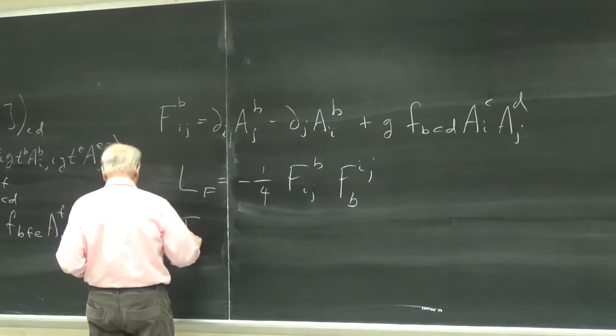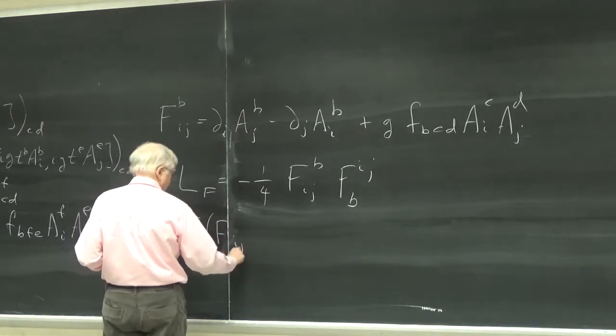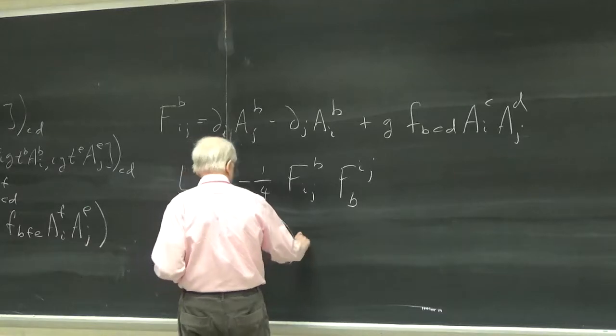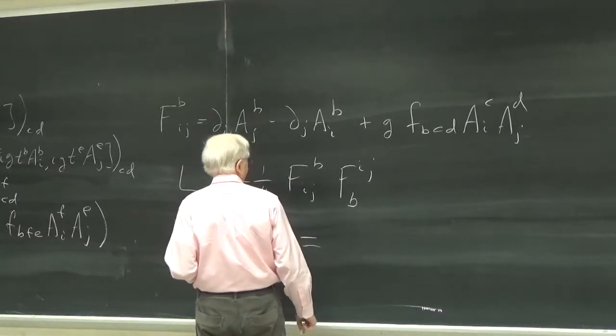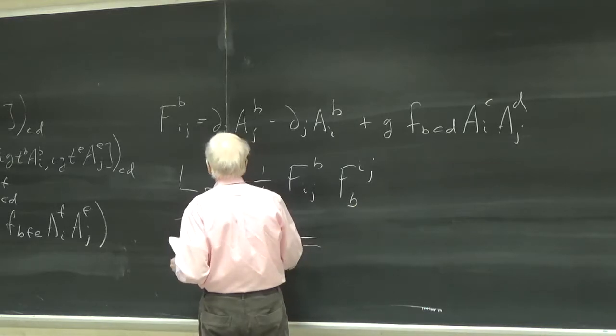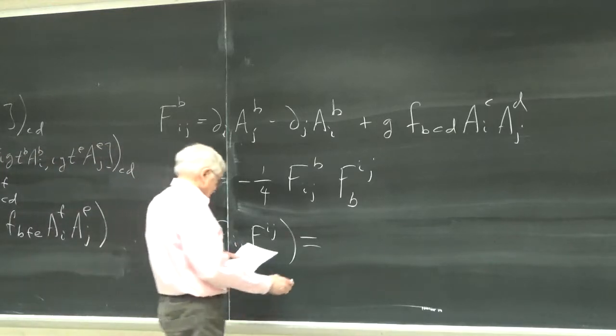Now, if you take the trace of the square of this Faraday matrix, thinking of it in terms of a matrix, then what you get is a minus sign.